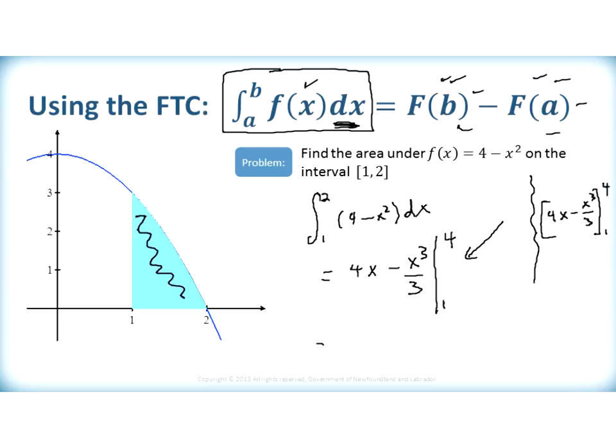All right, so now what this means is I evaluate at 4, and then I subtract what I get when I evaluate at 1. So let's try that. So at 4, I'm going to have 4 times 4 minus 4 cubed over 3, and I have to subtract what I get when I have 4 times 1 minus 1 cubed over 3.